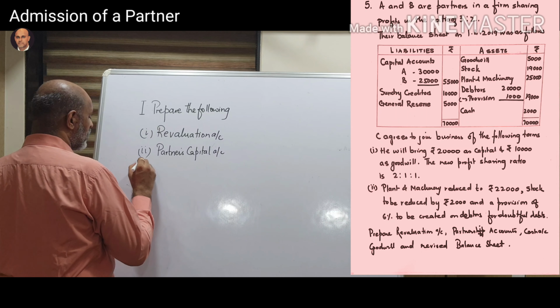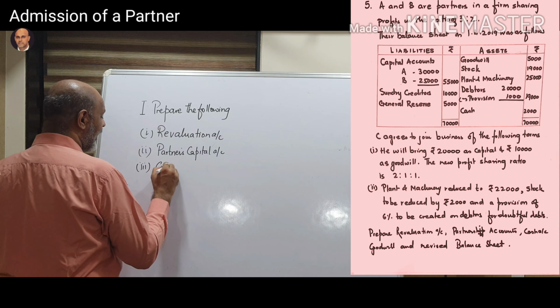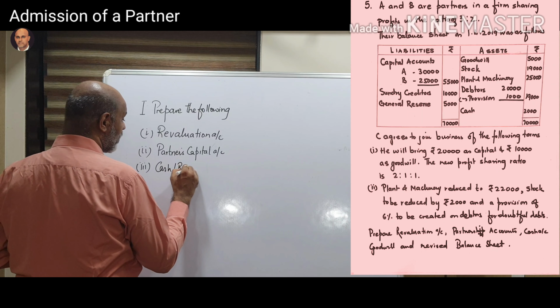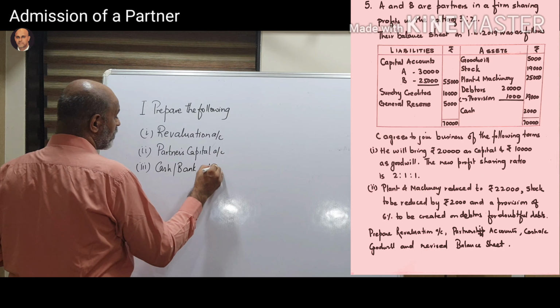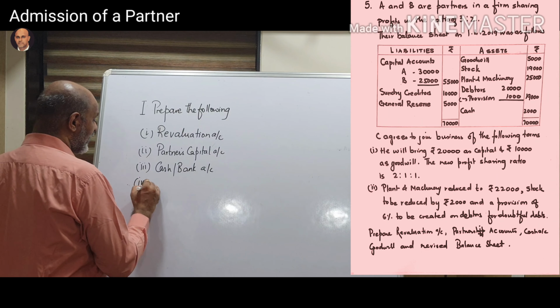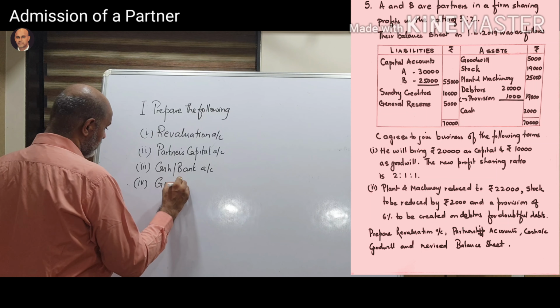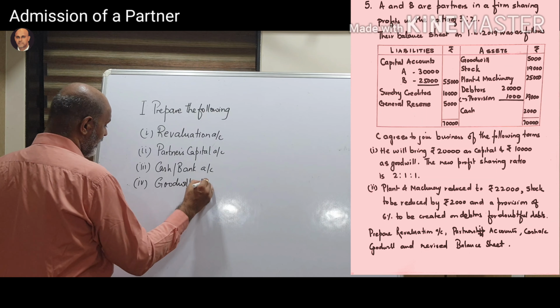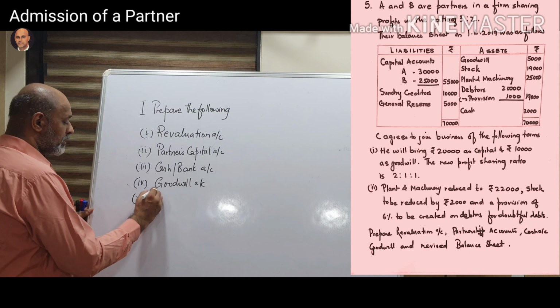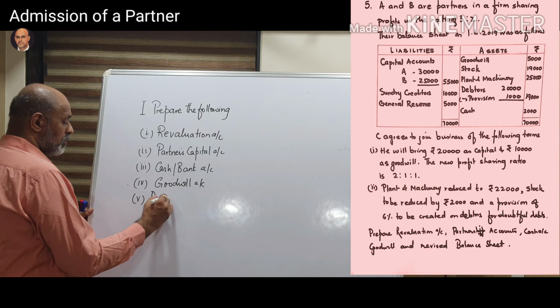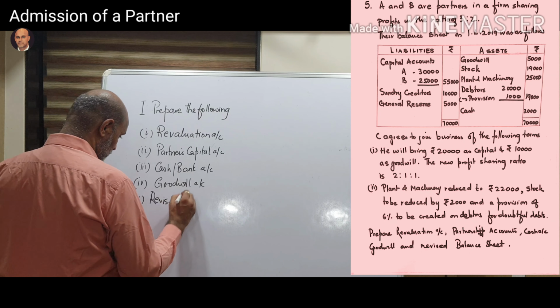Number three, you shall prepare the cash/bank account. Number four, you shall prepare the goodwill account. And number five, you shall prepare the revised balance sheet.